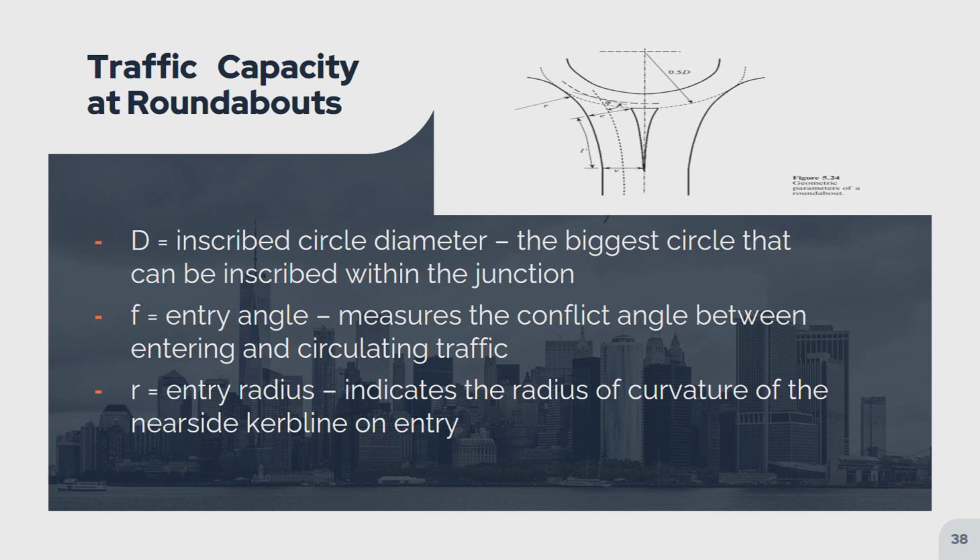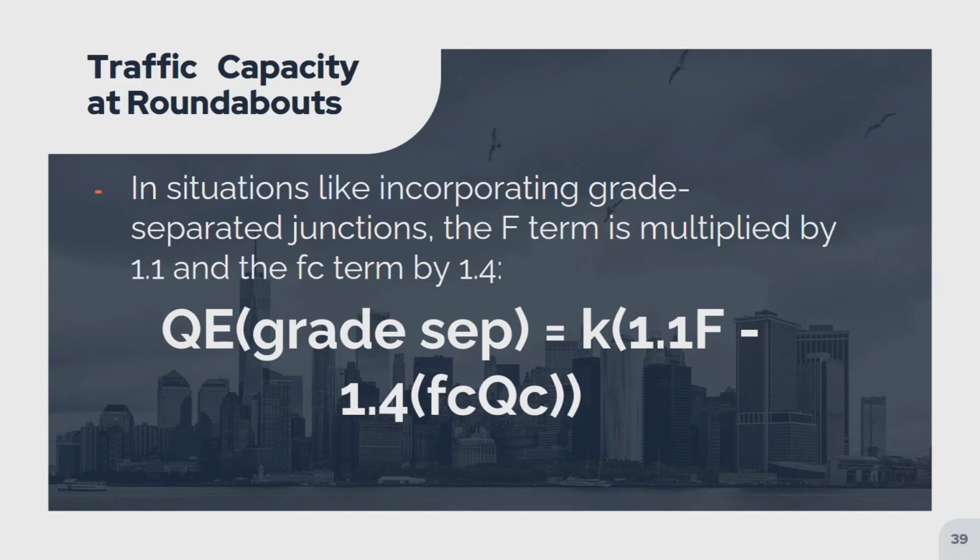So now in situations like incorporating grade-separated junctions, the F term is multiplied by 1.1 and the FC term by 1.4. So this equation can be used only if the roundabout design will have a grade-separated junction. The only difference of this equation from the previous one is that the F and FC were multiplied by 1.1 and 1.4 respectively.